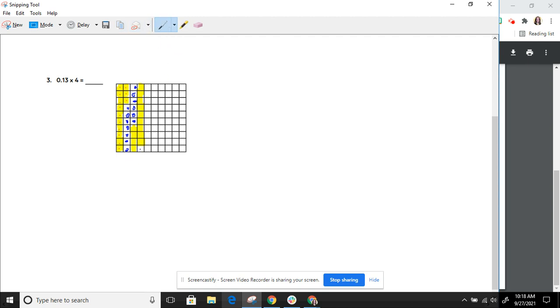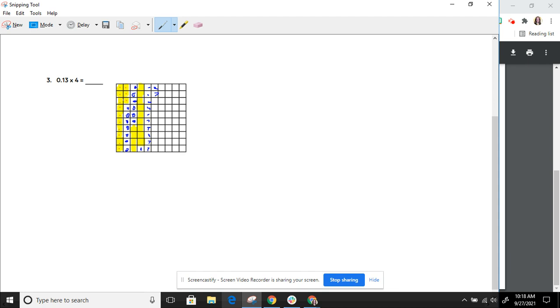I've got 1 here, 2, 3, 4, 5, 6, 7, 8, 9, 10, 11, 12, 13. Okay, so there is my 4th group of 13 hundredths. So right now I've got 4 groups of 13 hundredths shaded in.